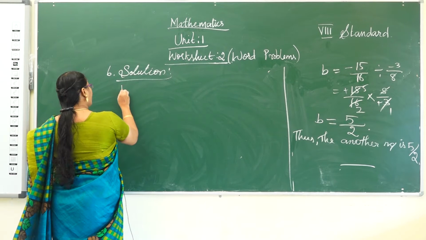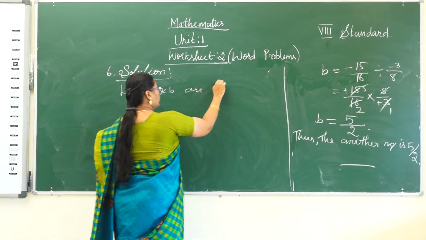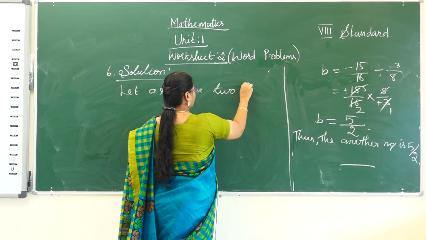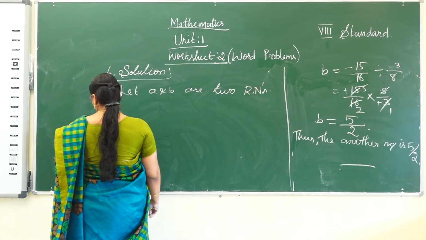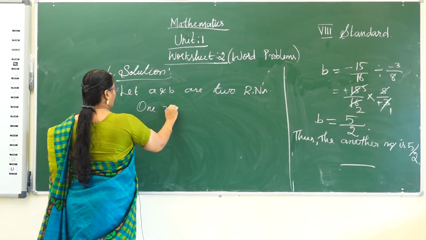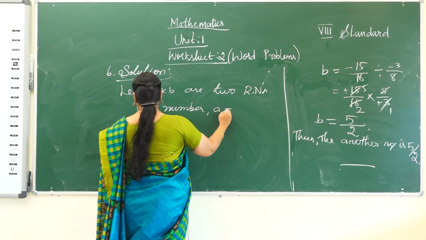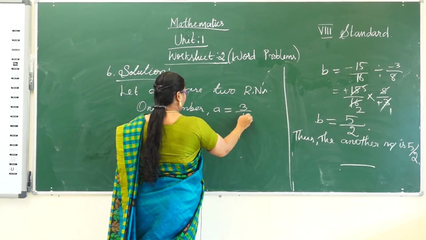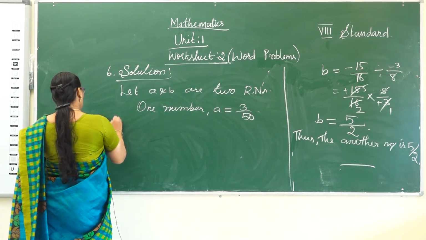So as usual, let A and B be two rational numbers. And then one of the numbers, A is equal to 3 by 50. Find the other. So what is given?